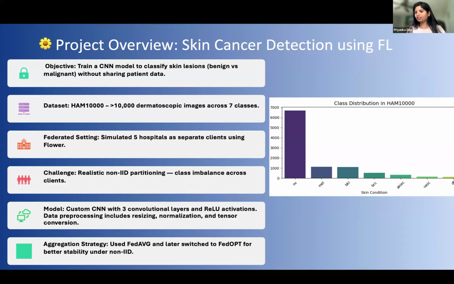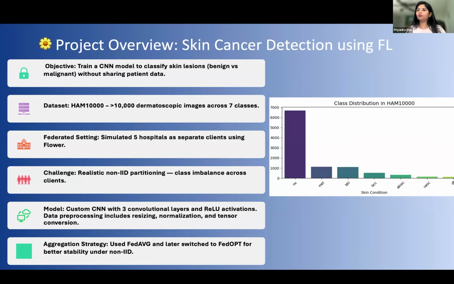To simulate real world conditions, I created a federated environment with 5 virtual hospitals using the Flower framework, where each hospital was treated as a separate client. I introduced realistic non-IID partitioning, meaning each hospital had its own class imbalance. This simulates the real-world scenario where different regions or hospitals see different types of patients.